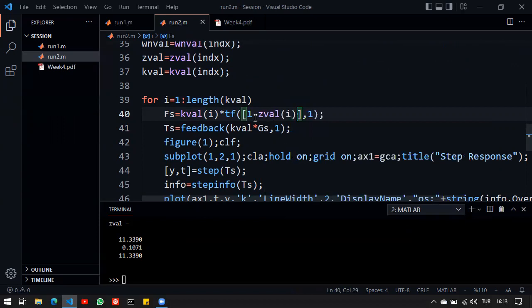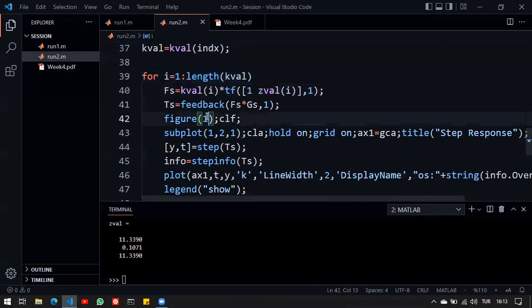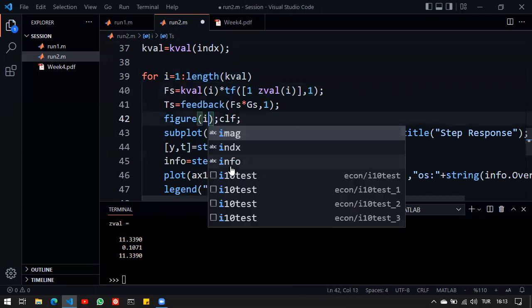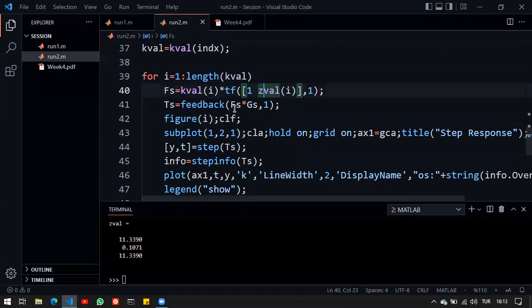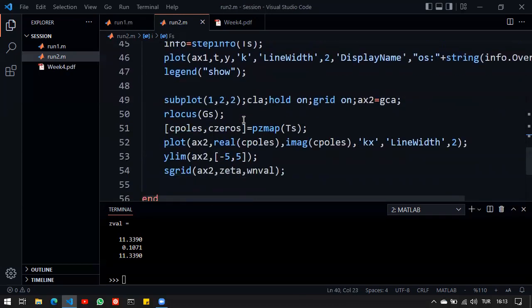Note that I'm using 1 and zval here because it is s plus z, and divided by 1 gives me basically the PD type controller. So instead of using k, I'm going to use fs. And let's also change the figure number to the ith so that each solution is on a separate figure. So now I guess we should be good to go.